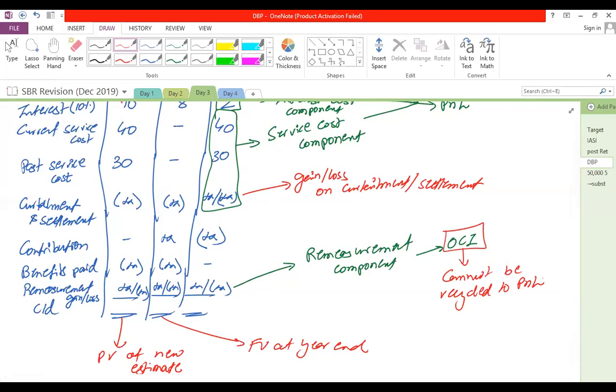So now let's have a question on this, so that we can apply the knowledge that we have gained to a past paper question as well. Let me open the past paper questions.